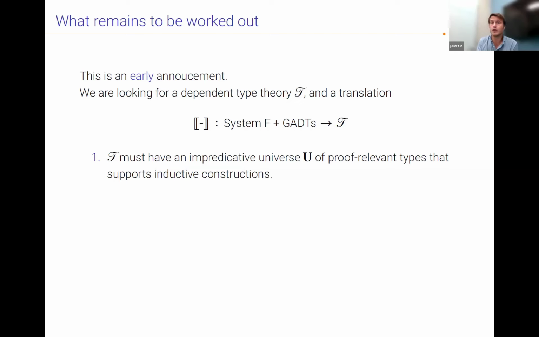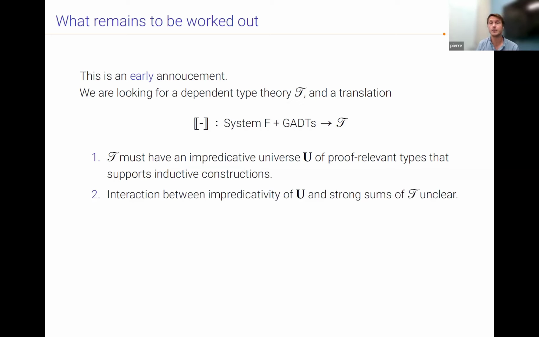Here we want a universe of proof-relevant types, because, for example, for lists, we want to be able to distinguish two lists. We don't want two lists to be equal just because they're in the same instance of list. So first, we need a type theory where there is an impredicative universe of proof-relevant types which supports inductive constructions.